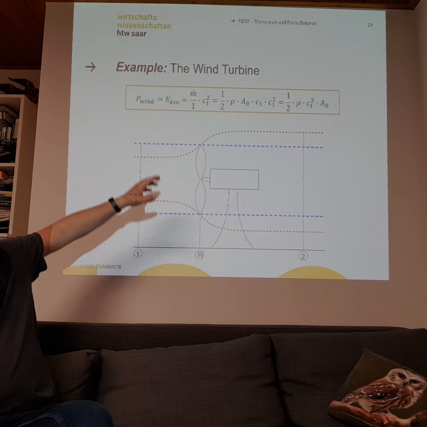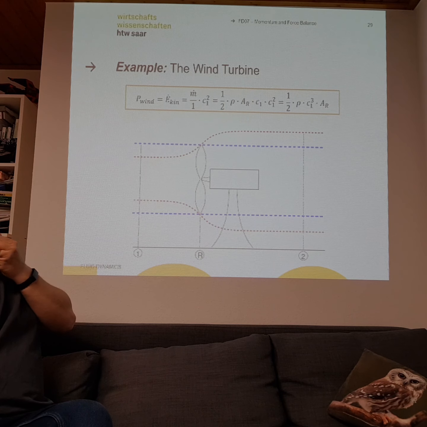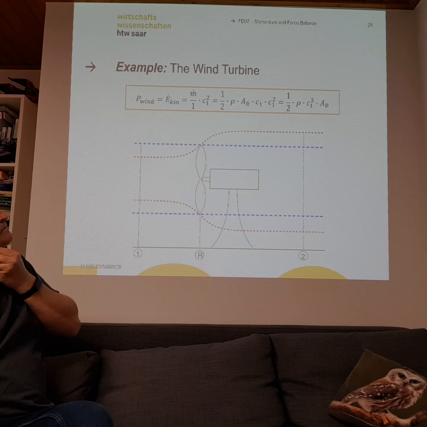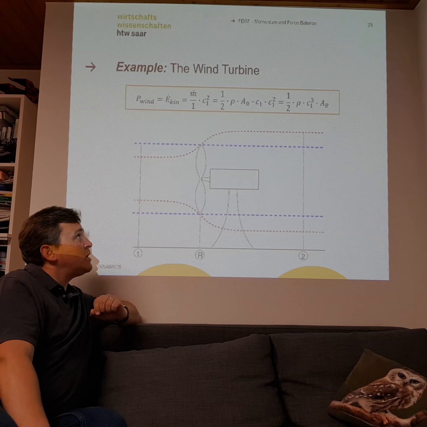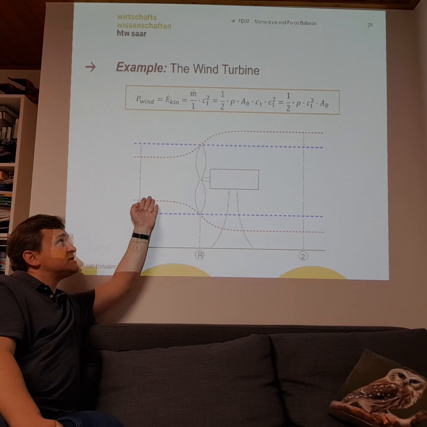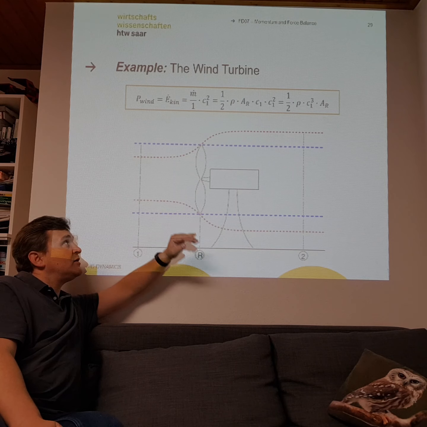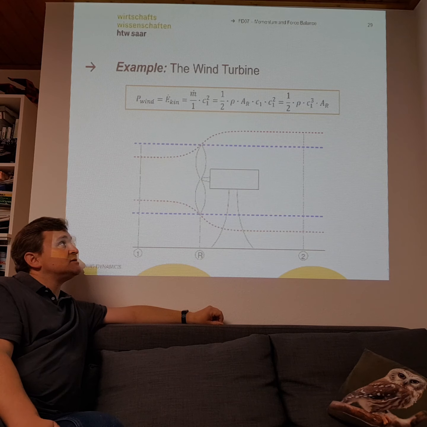Now here I see there's a small bug in the formulas. Yeah, we multiply it with 1/2 rho times the area, the radial area of the windmill, times the velocity.